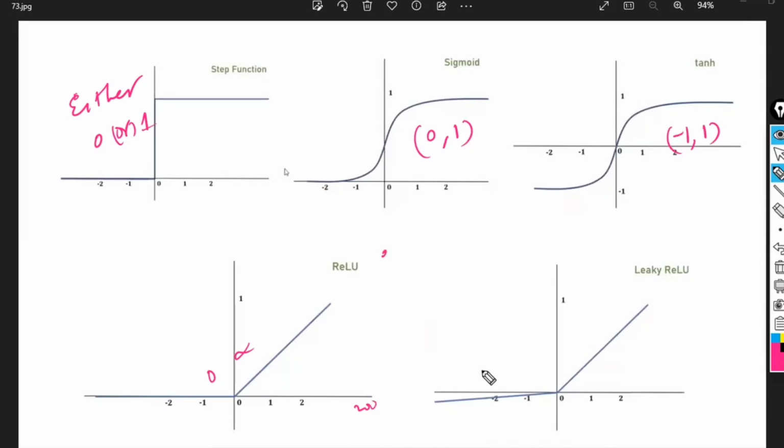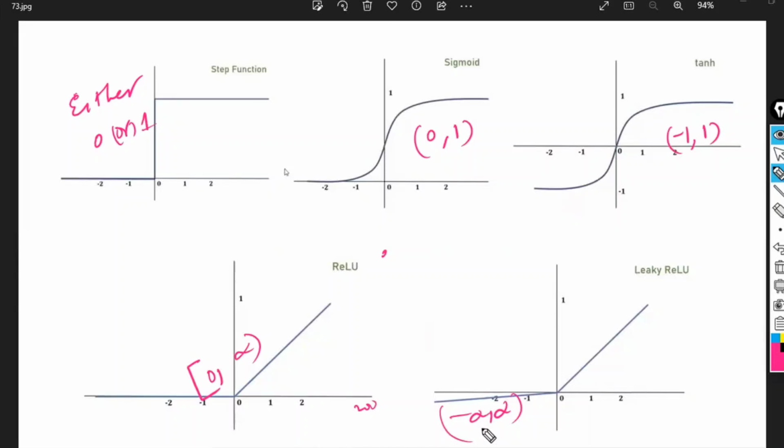If 30,000 is there, y also 30,000. So it is going to be 0 to infinity. This is minus infinity to plus infinity. These are the ranges. Okay. In the interview, they are going to ask what are the different types of activation functions available and what is the range of each activation function.